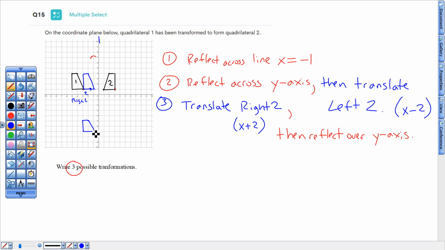And then let's put this one right here. And then let's number this way this time. All right, here we go. Last problem.